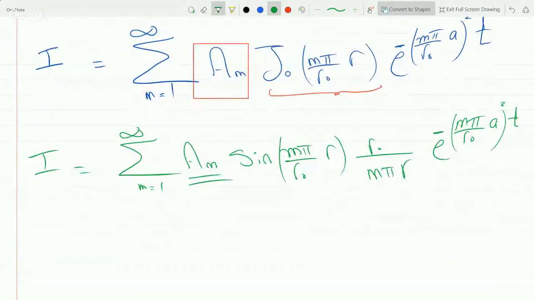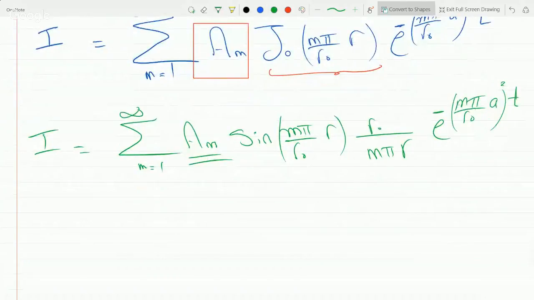Okay, so now it's probably easier to work with; we can use the Fourier trick to determine the coefficients.